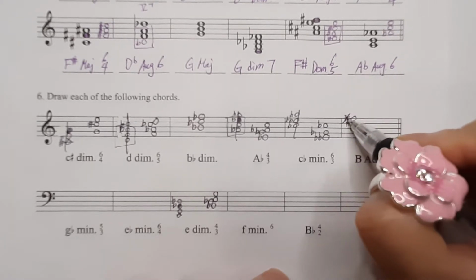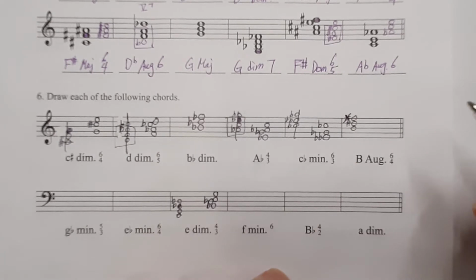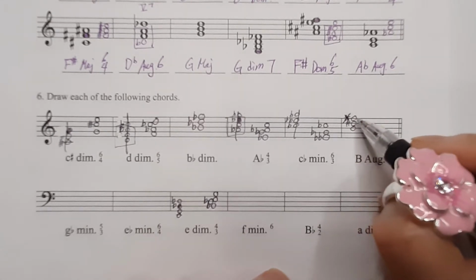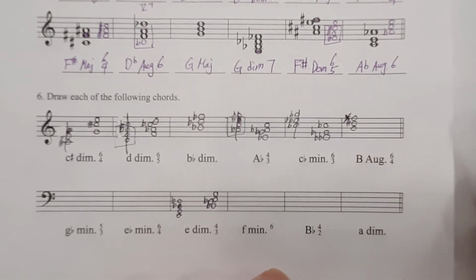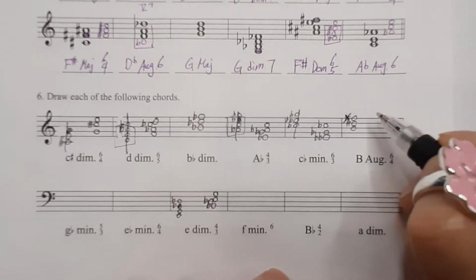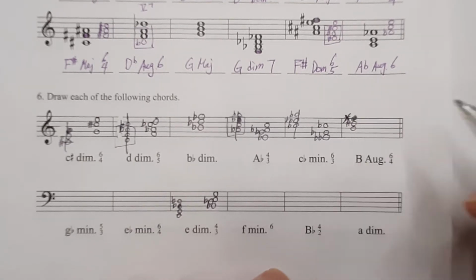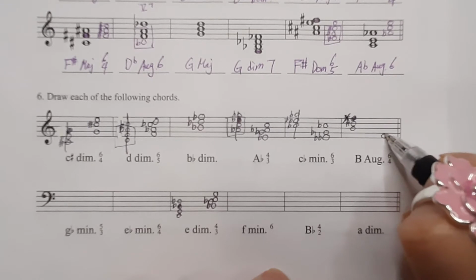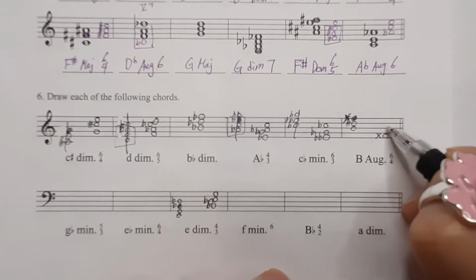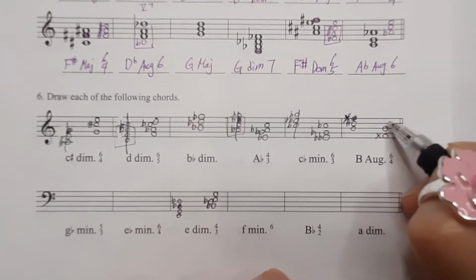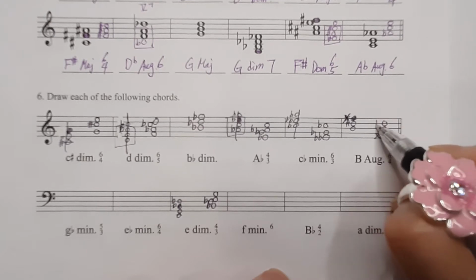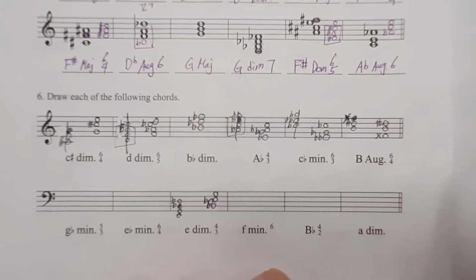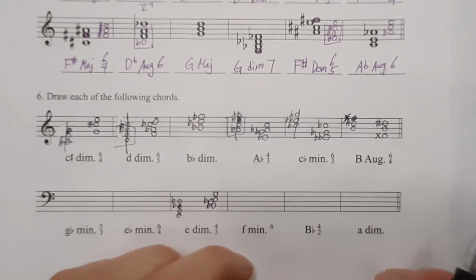So you have to raise the top one more time to a double sharp. So we have a B, D sharp, and F double sharp. If it's 6-4, what is going to be on the bottom? The very top note, which is F double sharp. And we have B, and we have D sharp. Okay, got it.